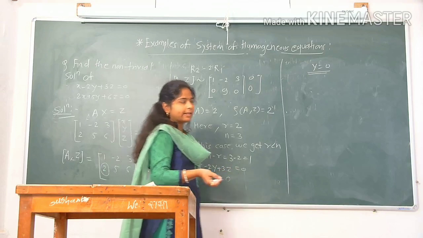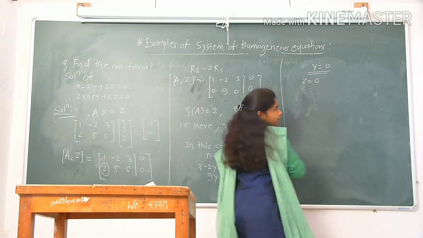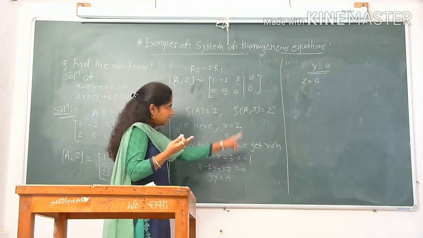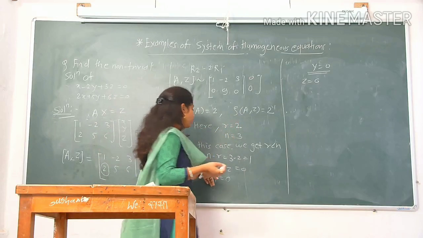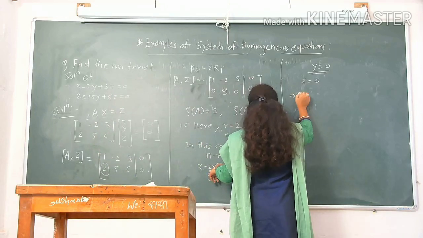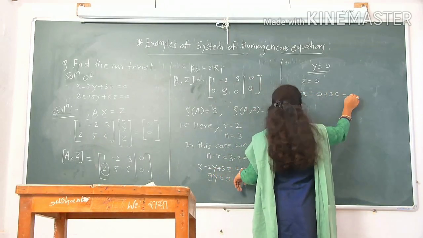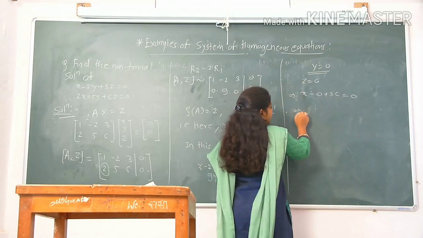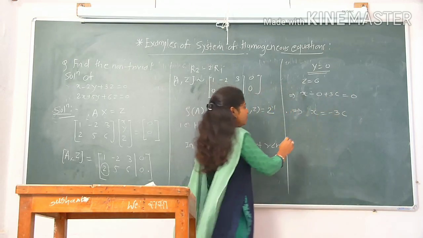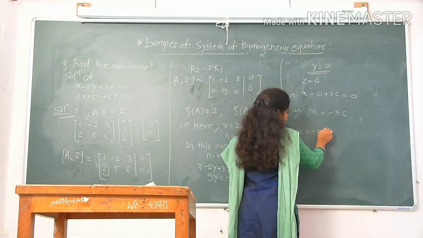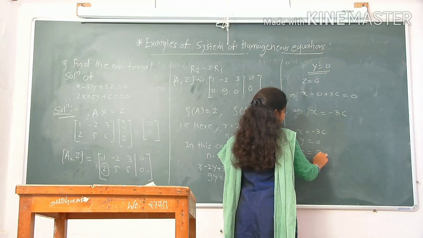So I take z is equal to c. So by using z is equal to c and y is equal to 0 in this equation, we get x minus 0 plus 3c is equal to 0. So we get x is equal to minus 3c. Therefore, our solution is x is equal to minus 3c, y is equal to 0 and z is equal to c.